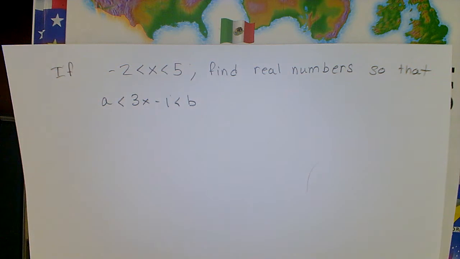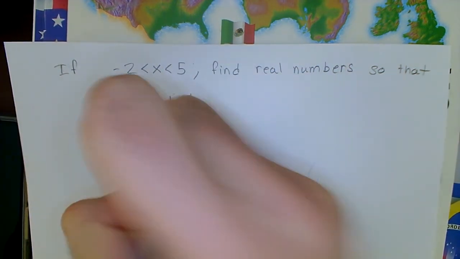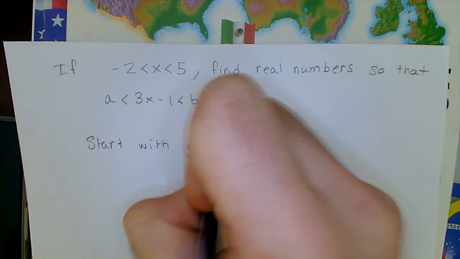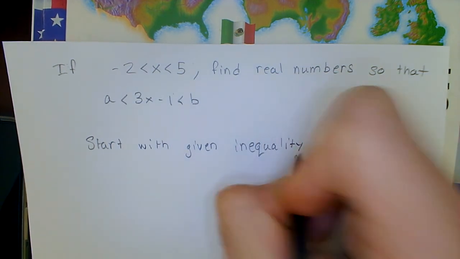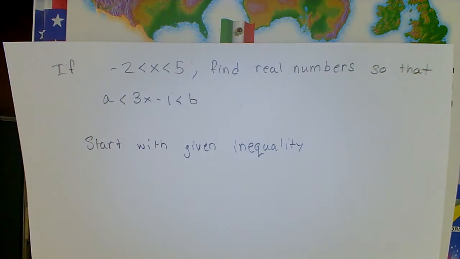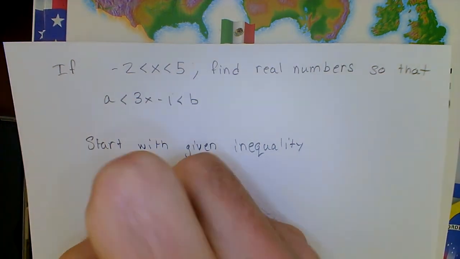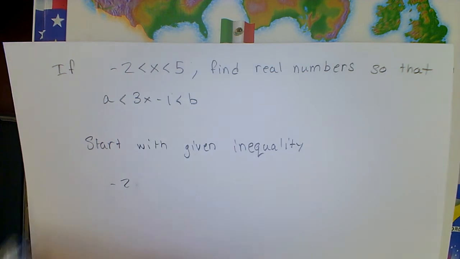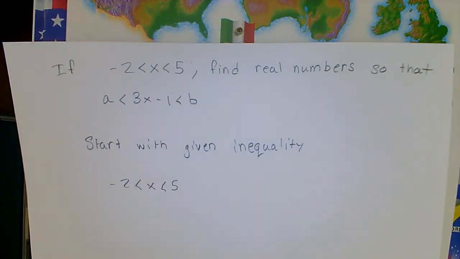Okay, so you start with the given inequality. So we have negative 2 is less than x, which is less than 5.